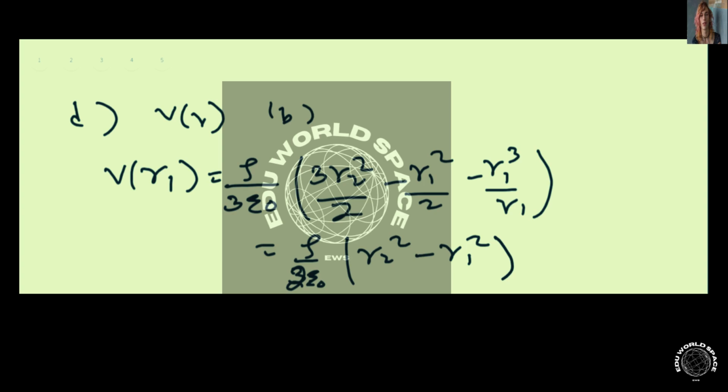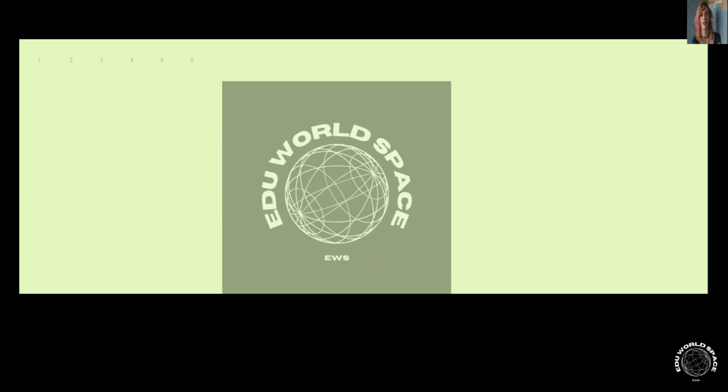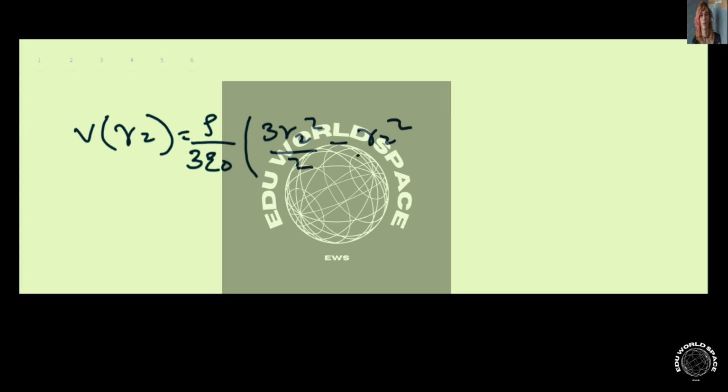Then V as a function of R2 is rho divided by 3 epsilon times 3R2 squared divided by 2 minus R2 squared divided by 2 minus R1 cube divided by R2.